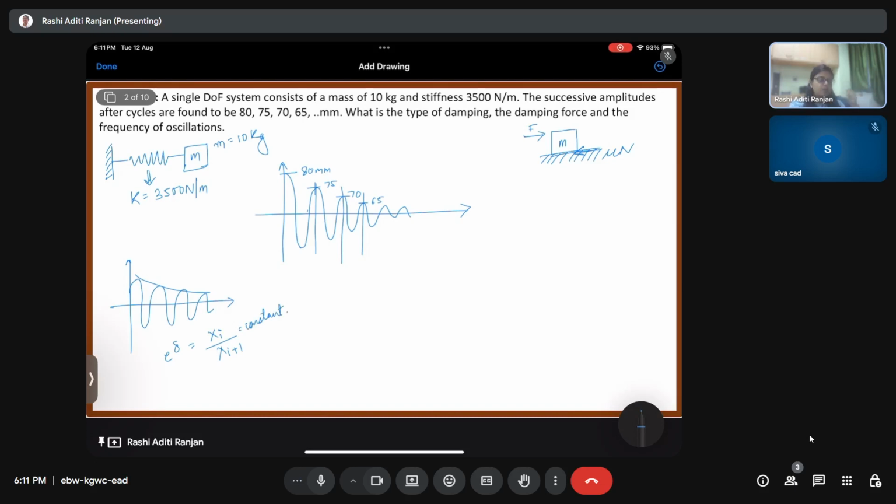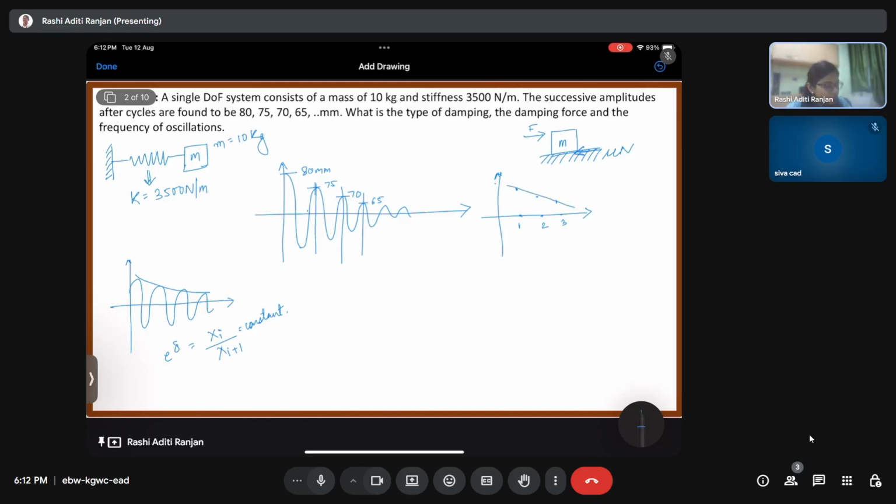But in this case, what is happening? If I look at the ratio, is the ratio the same? No, the ratio is not the same. So then what is actually happening? If I try to visualize how this is changing, I see that if I only plot the maximum amplitudes against time, at one cycle 80, two cycle 75, third cycle 70, like this, if you join these points, you're going to get a straight line, right?